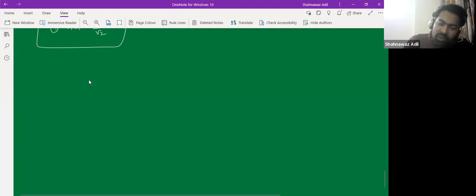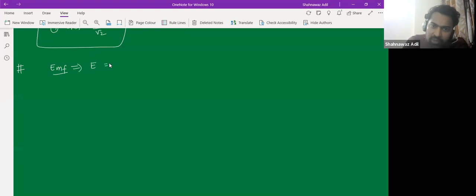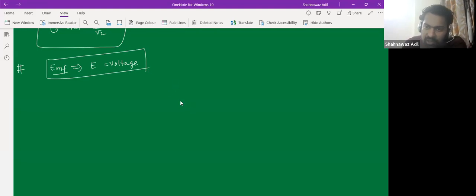Let's say we were talking about all these previous sections. We were talking about the EMF, right? We were talking about the voltage. And let's say if we have this supply voltage, and this is represented by this thing.